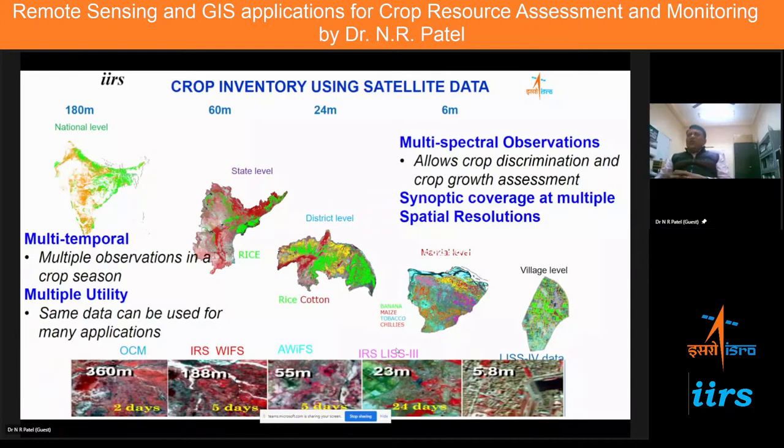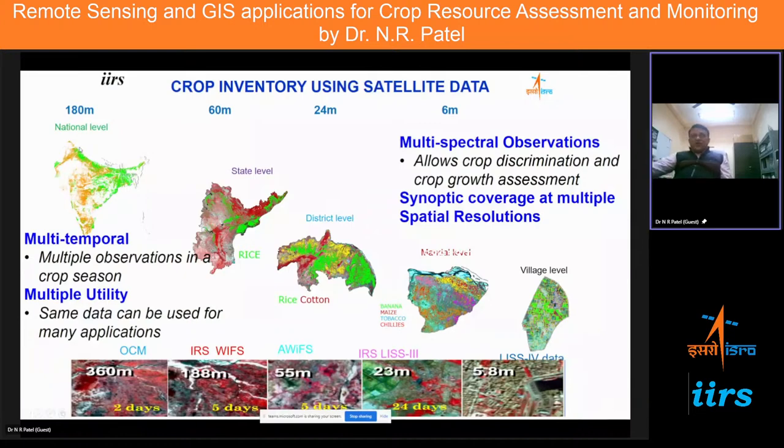You can do it even with coarse resolution satellite data like OCM or earlier WiFS data or MODIS data at 250-meter resolution. You can map where agriculture is, because all those data are multi-temporal, with a repeat of less than a week. So based on the multi-date satellite data, you can easily map agriculture and other natural cover.